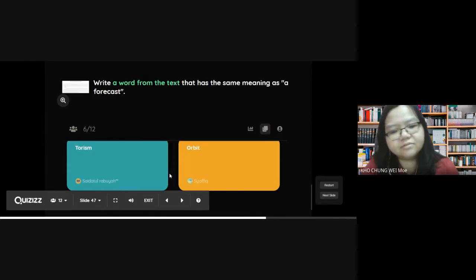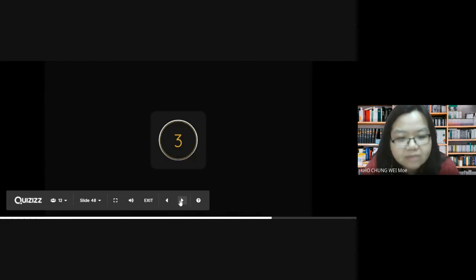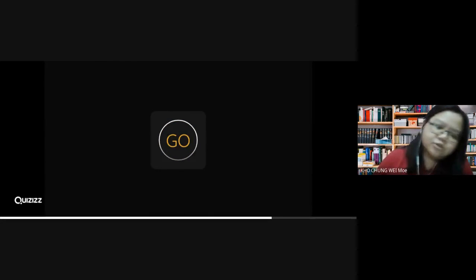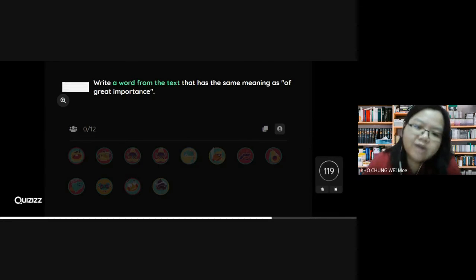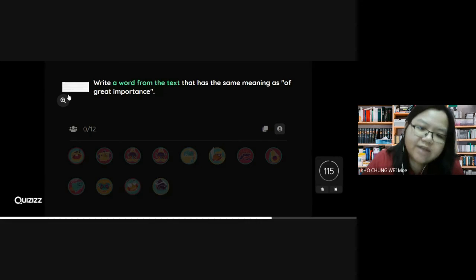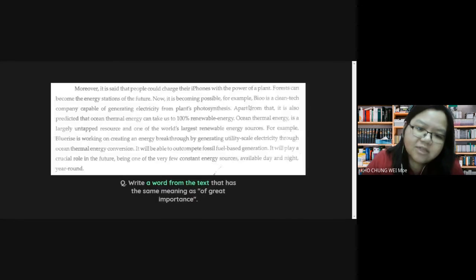Okay, let's move on to the next vocabulary word. The next vocabulary question should be easy. Write a word from the text that has the same meaning as of great importance. So it's this part of the text.